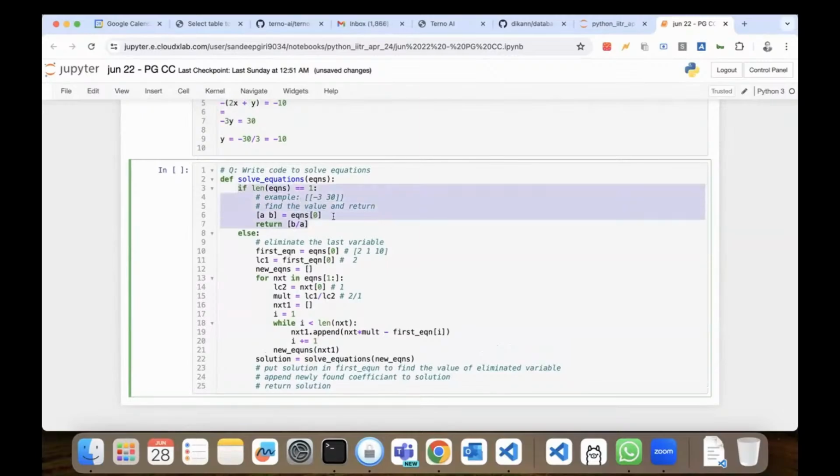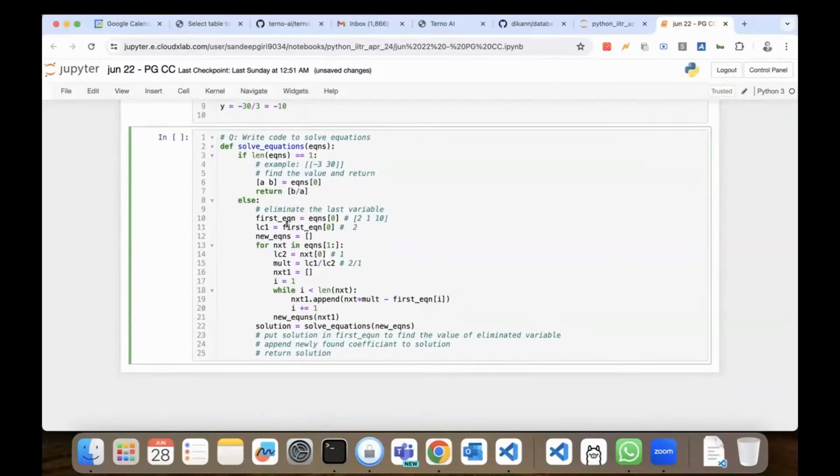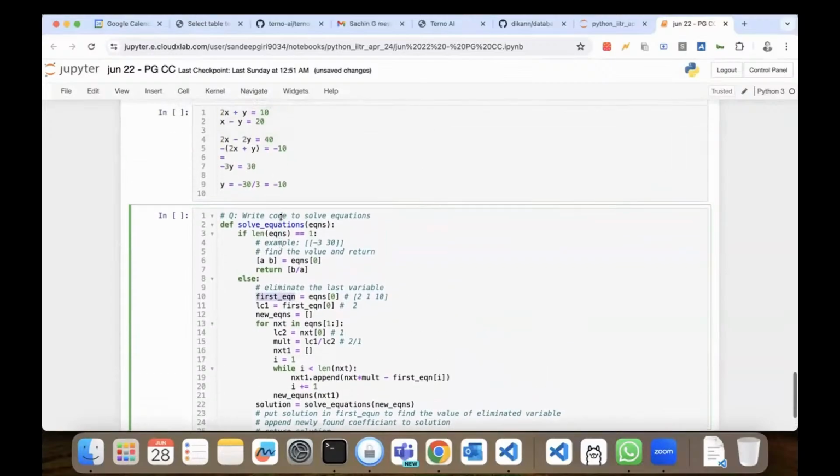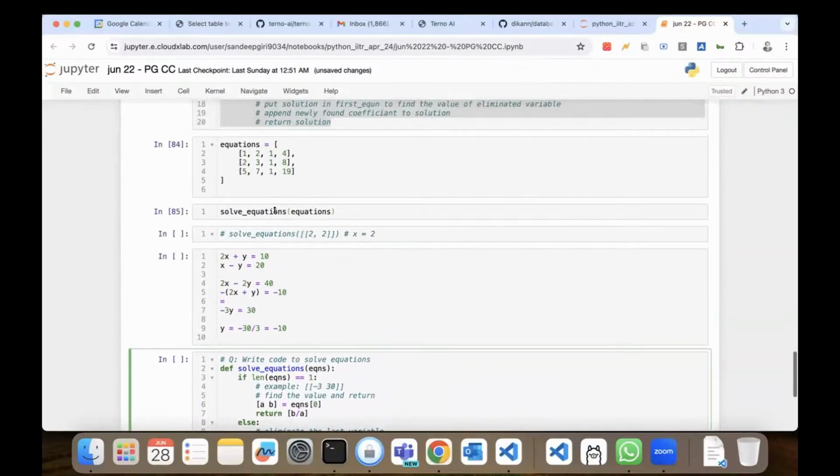This one? So if my example is this equation, minus 3 and 30, the answer is B divided by A. Make sense, everyone? And then what I did was, let's say I have an equation like this, right?